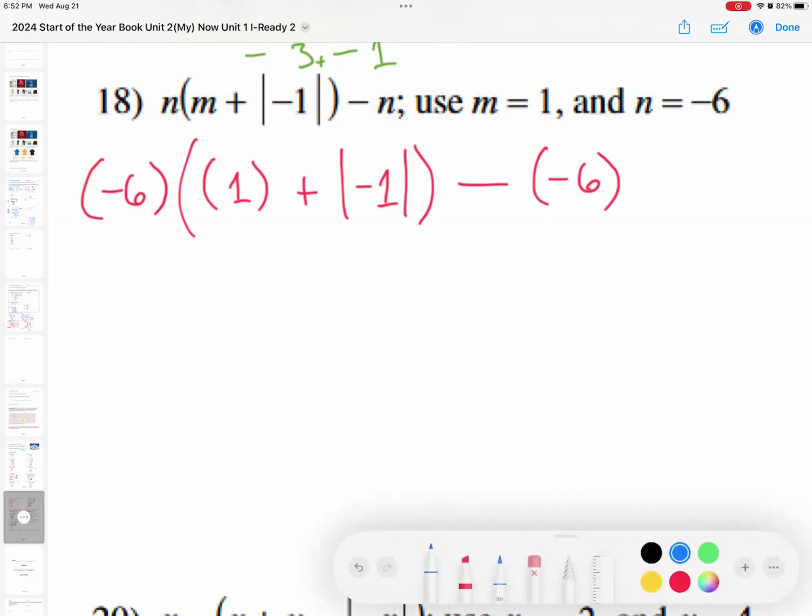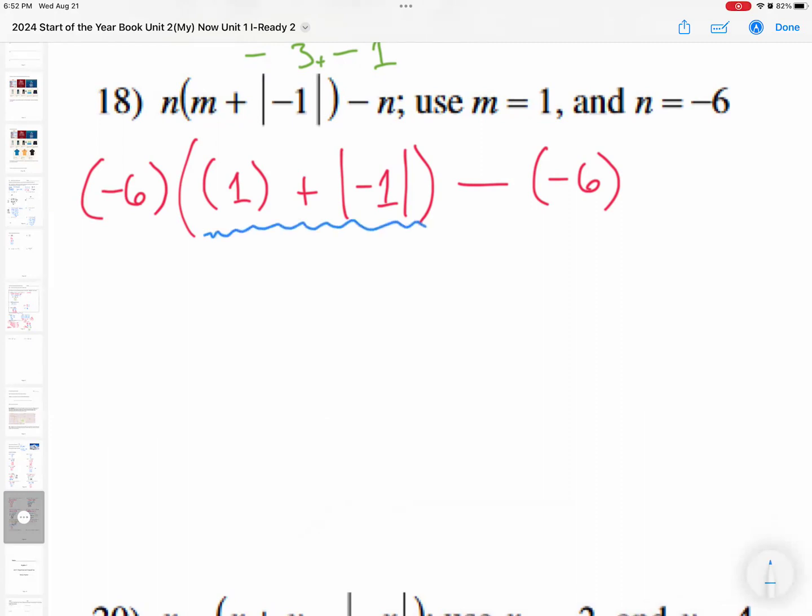Now, when it comes to GEMDAS, the innermost grouping would be this guy with that absolute value part. So everything else, we're going to just drop down. Now, absolute value of -1 is a normal 1.